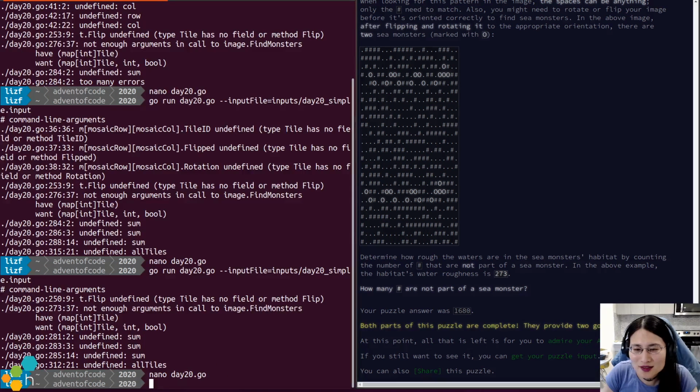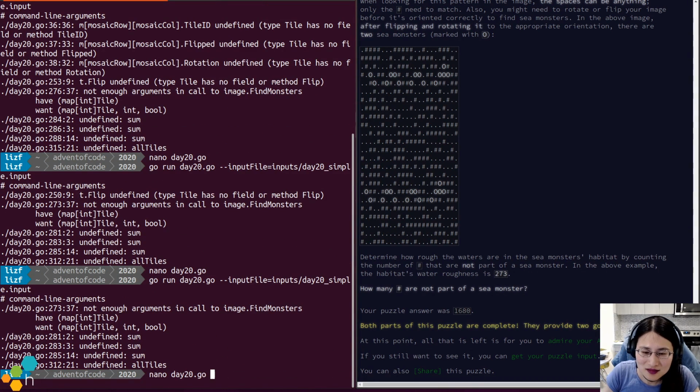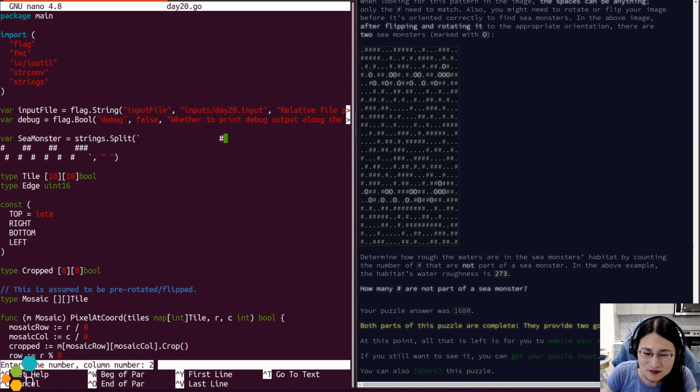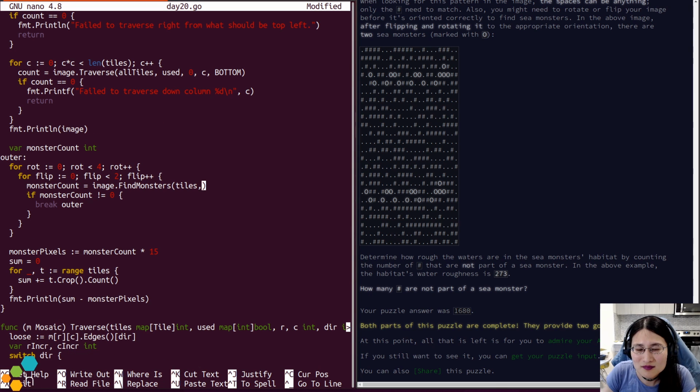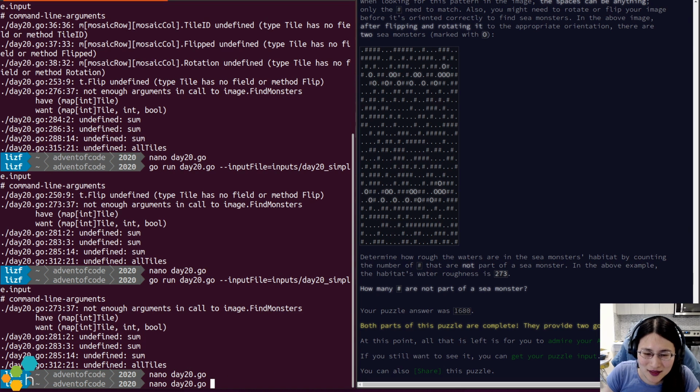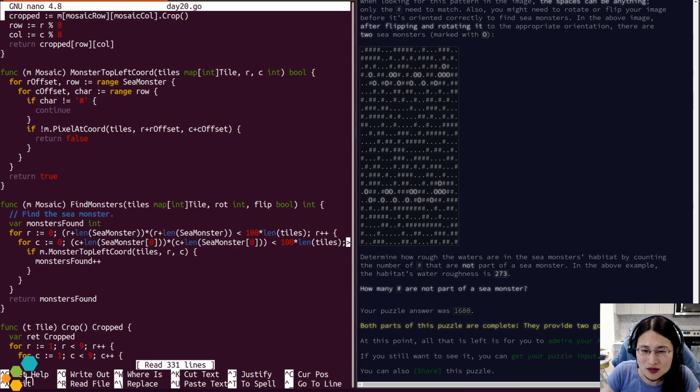This is flip X. Why is this taking a... Oh, int and bool, right. Because this now expects to operate on... This should now expect to operate just on the mosaic itself.